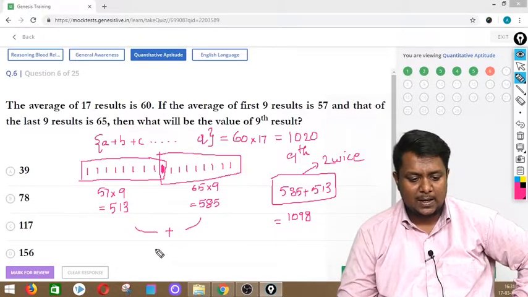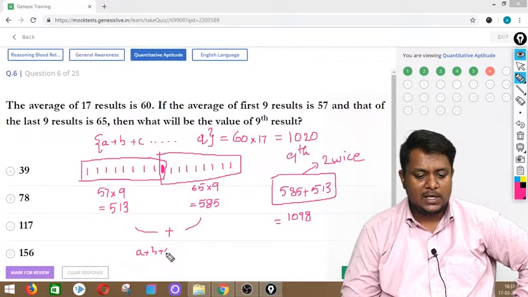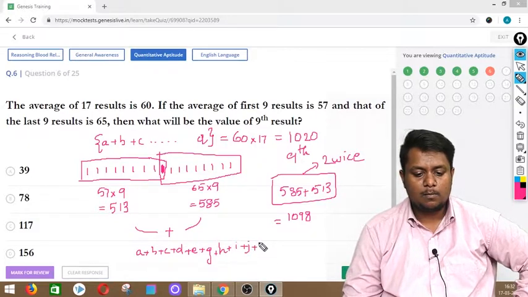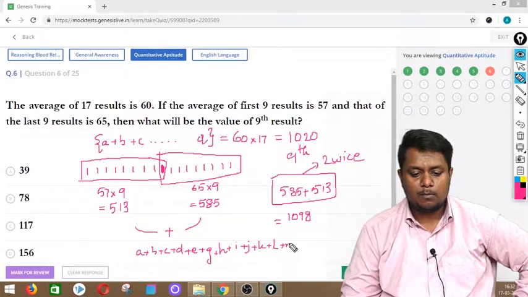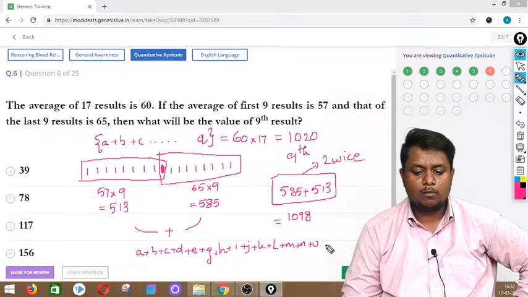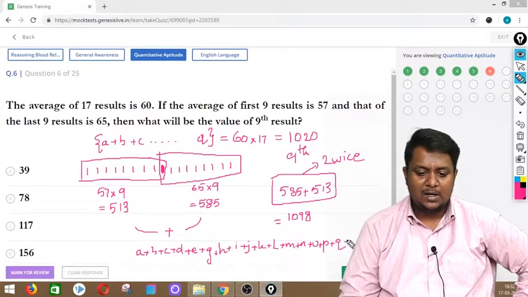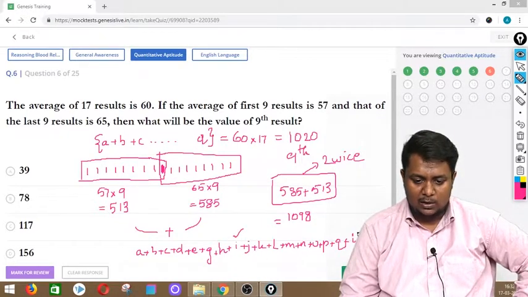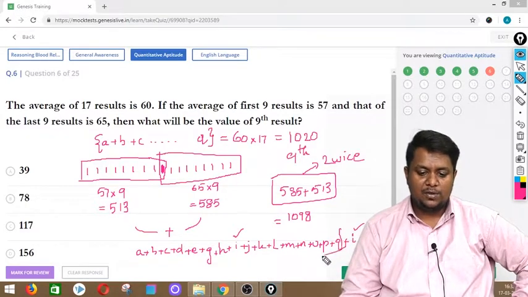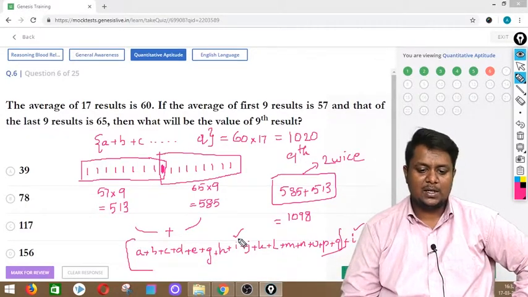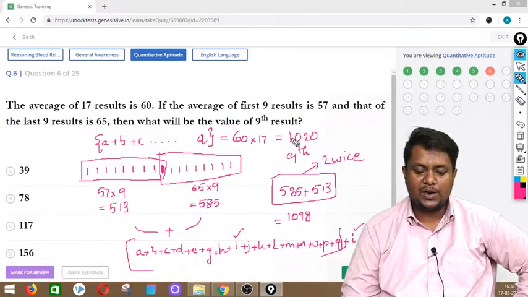For example, let us say A plus B plus C plus D plus E plus, I am going to write everything. These are the 17 subjects. Apart from the sum of these 17 subjects, the ninth subject I occurs one more time. The sum of the 17 subjects is already found out, it is 1020.